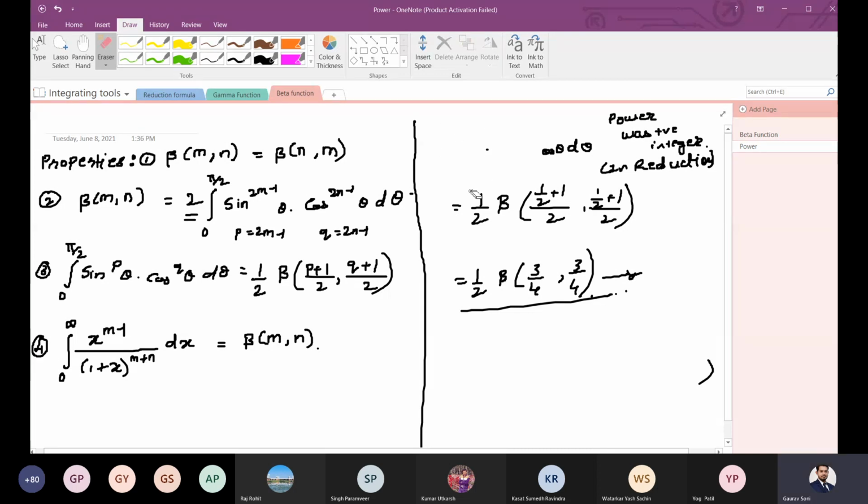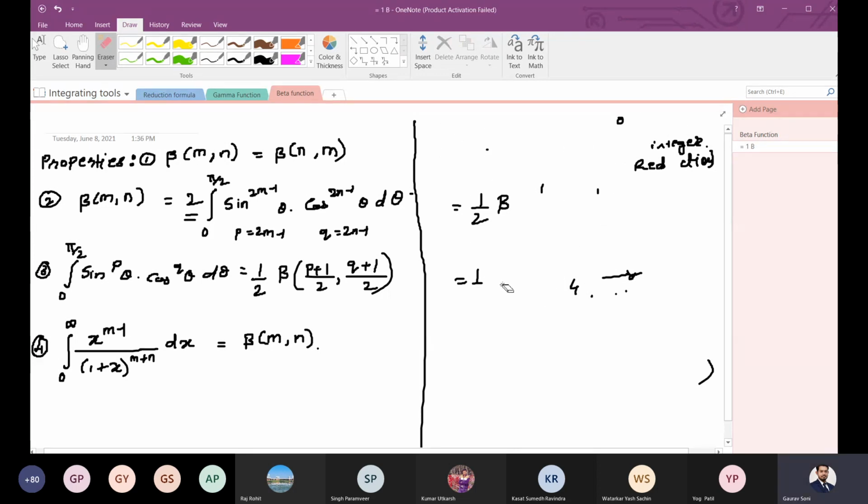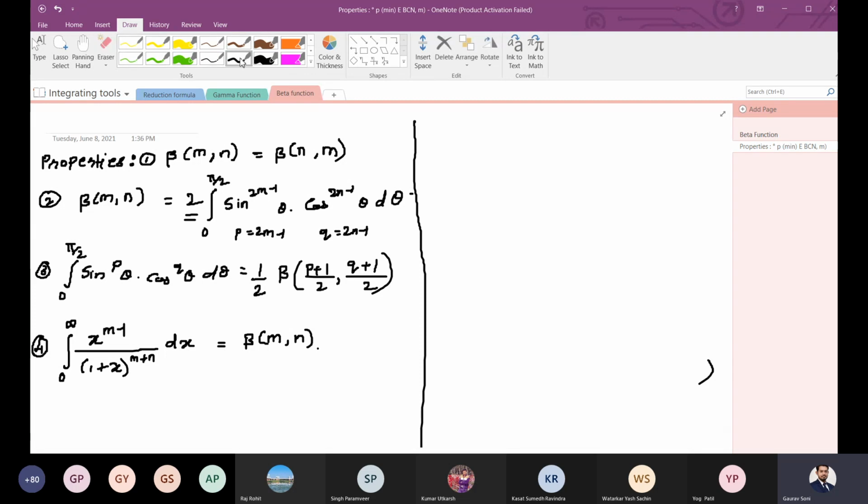The proof of this just depends on our substitution. In order to get the required thing, we make a proper substitution. Again, this property is very important in solving a lot of examples. So integration 0 to 1 x raised to m minus 1, 1 minus x raised to n minus 1 dx.